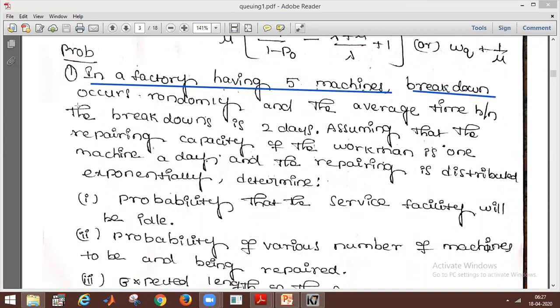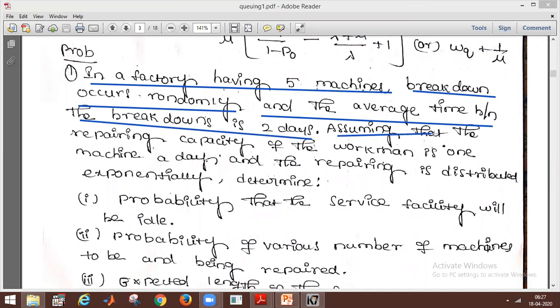Breakdown occurs randomly and the average time between the breakdowns is 2 days.